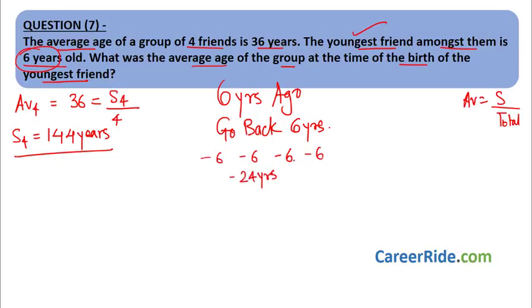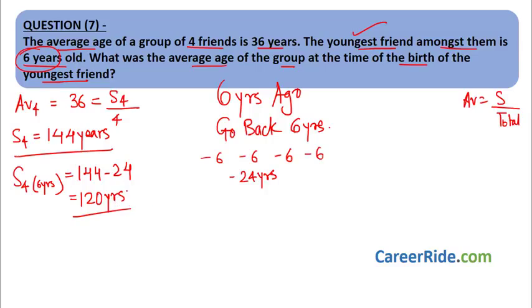So whenever we go back 6 years, the total reduction in the ages would be 24 years. So the sum of the ages of the 4 friends 6 years ago would be 144 minus 24 equal to 120 years, correct?